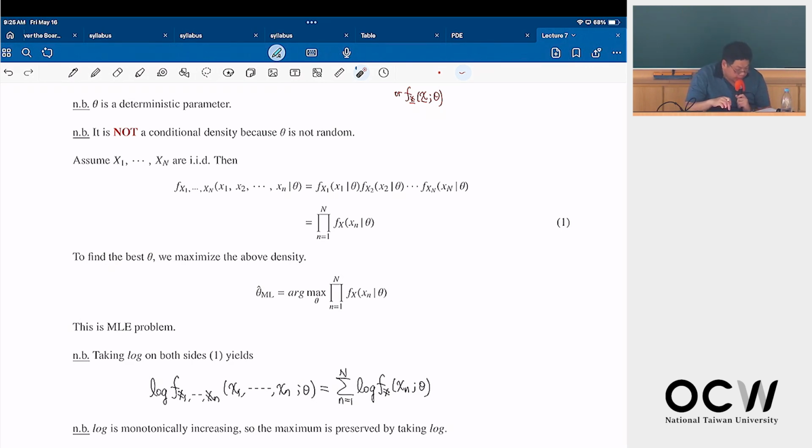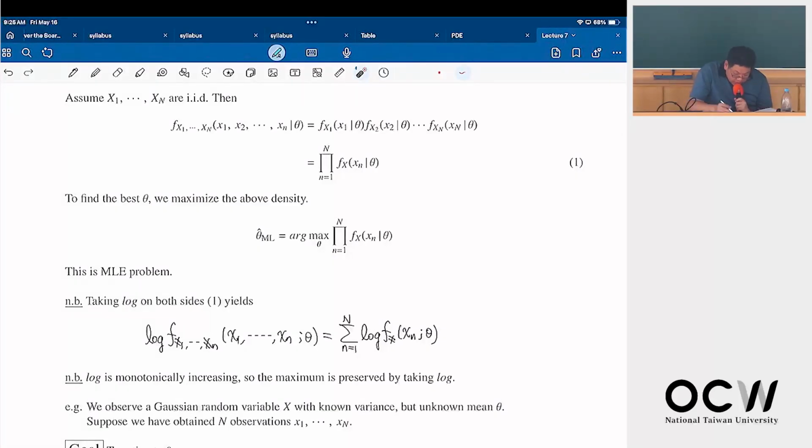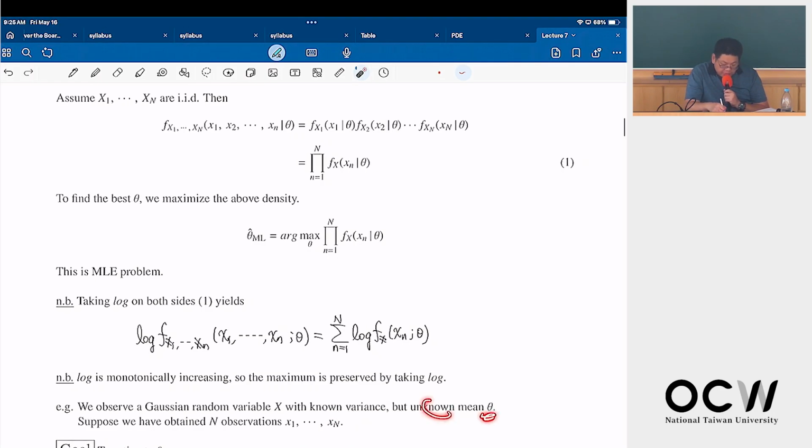Here is the example. We observe a Gaussian random variable, and we know the variance, but we don't know the mean. So the mean now is theta. And we have n observations from x1 to xn. Then we want to estimate this unknown mean theta.